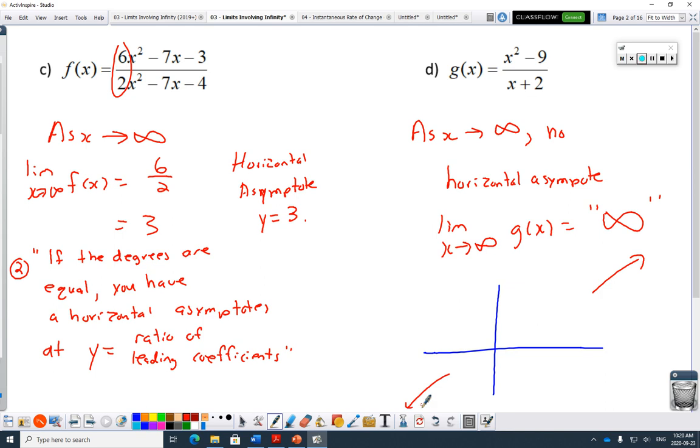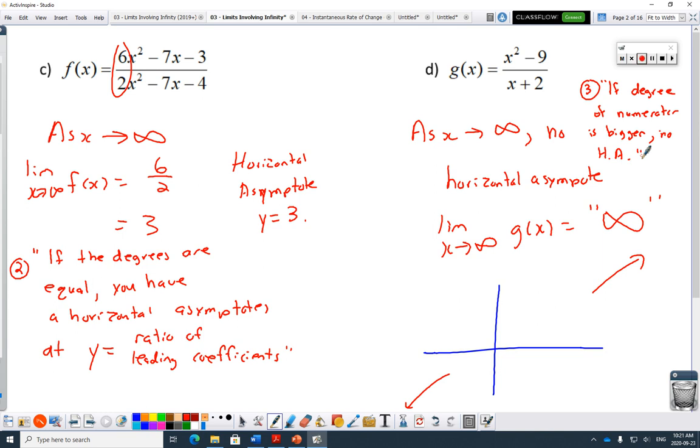It actually has an oblique asymptote, which I might have completely just skipped over when we were online. The important thing is the third rule, let me write it over here, 3. If degree of numerator is bigger, no horizontal asymptote.